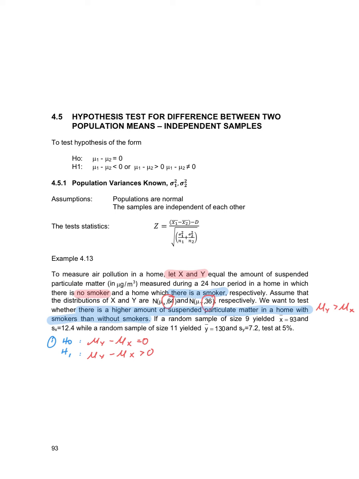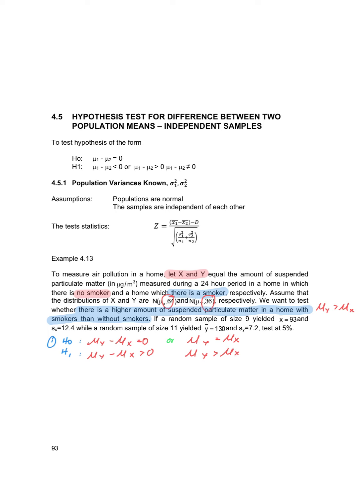Alternatively, you can also write mu Y equals mu X versus mu Y more than mu X. No problem, you can write either one.